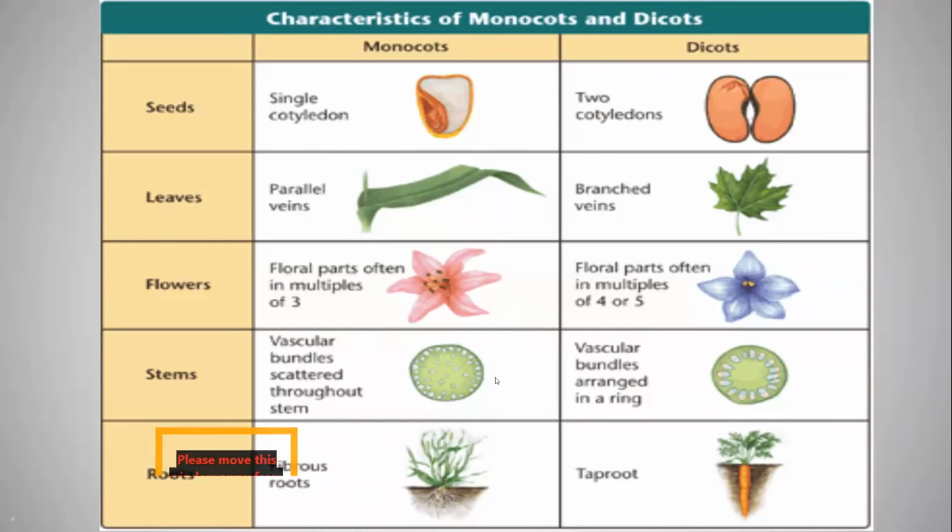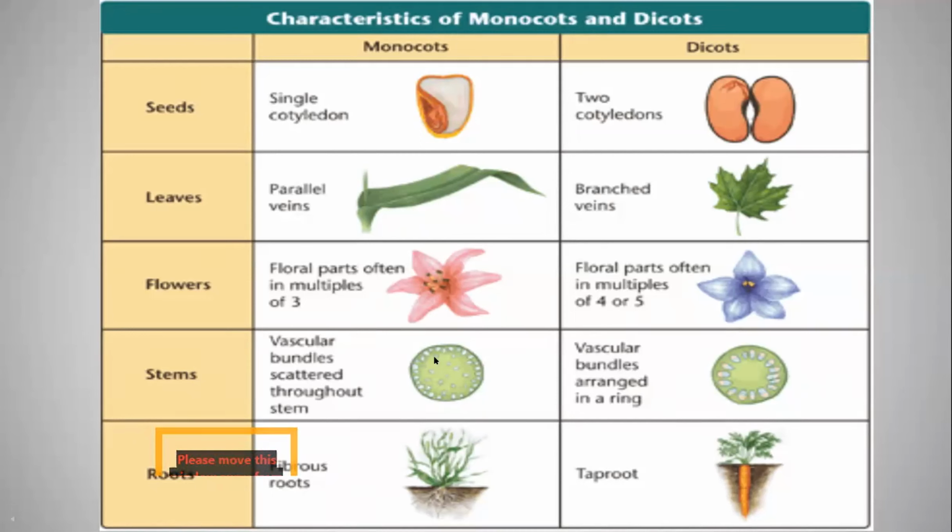Then when it comes to the stems, at this level we have not yet looked at the stems, but if you got a stem and cut through it, and you make what we call a transverse section, not along its length but somewhere in the middle, it has been shown that in the stems of monocotyledonous plants, the vascular bundles are just scattered.